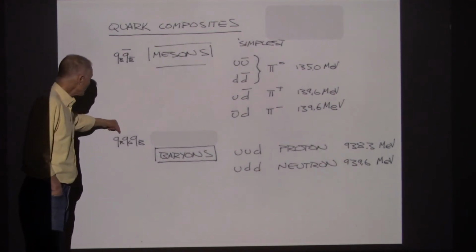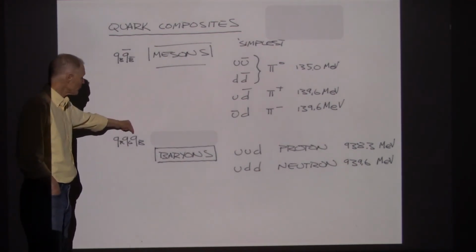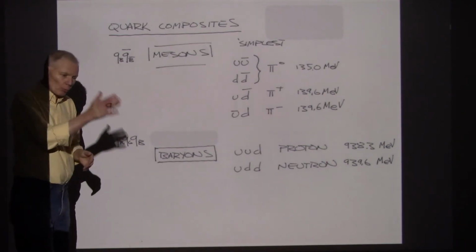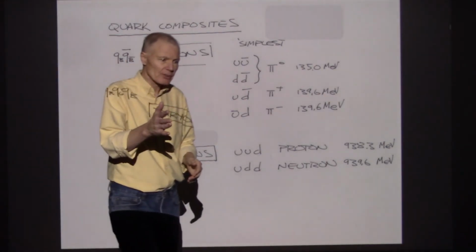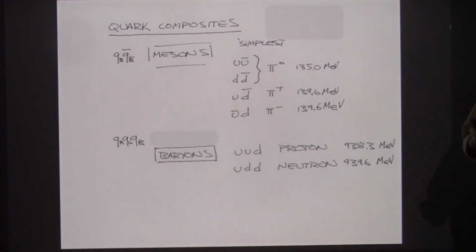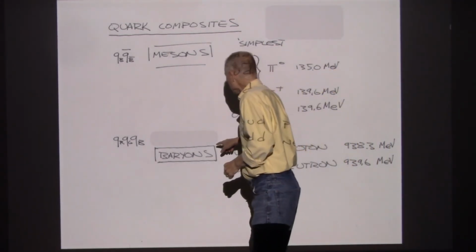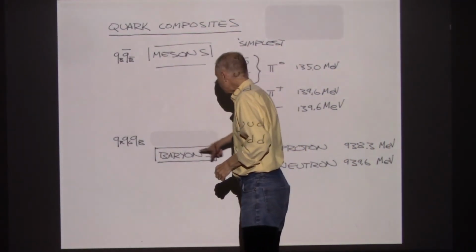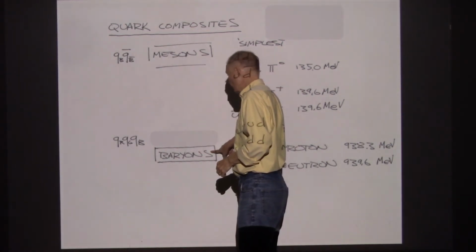There are three color states, and when I put one quark in each of the color states, I get a very, very attractive force holding those three quarks together. Particles that are made up using this three-quark pattern are referred to as baryons.